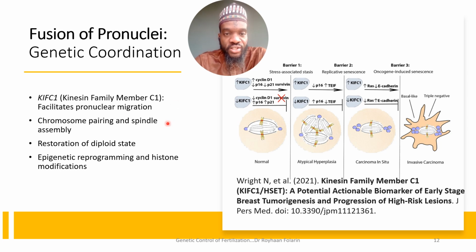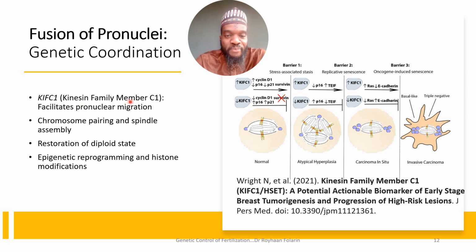After fertilization, the male and female pronuclei will end up aligning and fusing. So this is where we now have KIFC, not KFC. KFC is Kentucky Fried Chicken, right? Here is KIFC, and it's kinesin, not Kentucky.